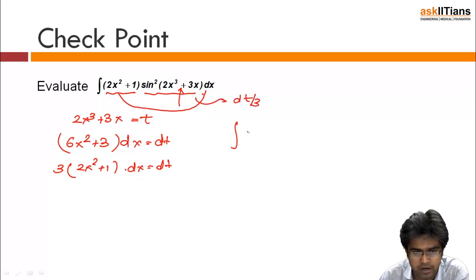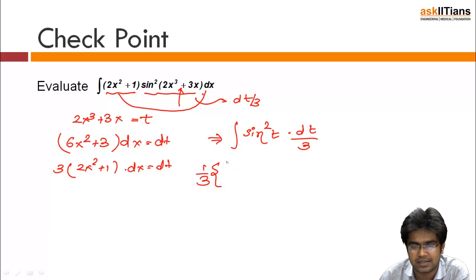So what I am going to write, my integral now transforms into sine square t into dt by 3. Now because 3 is a constant, I can take it out. So 1 upon 3, I am going to write sine square t by using the half angle formula as (1 minus cos 2t) by 2.